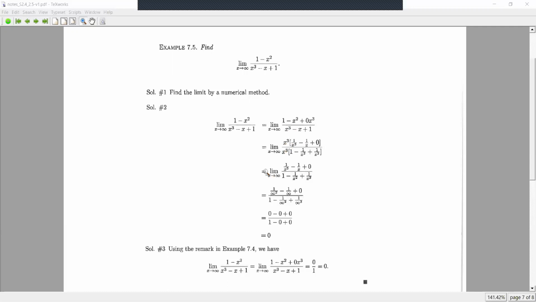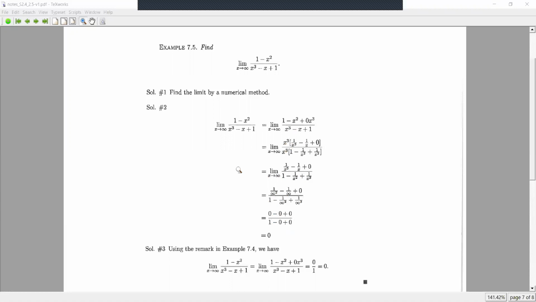We have this equation. Now this limit is easy to tell. By direct substitution, plug in infinity in x, then we get this equation. 1 divided by infinity is 0, so this quotient is this number.